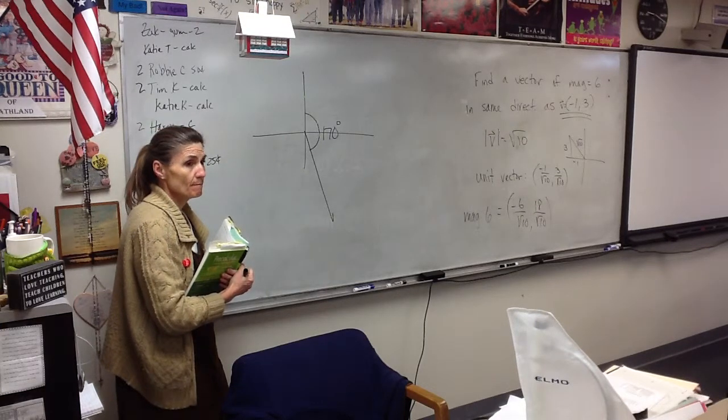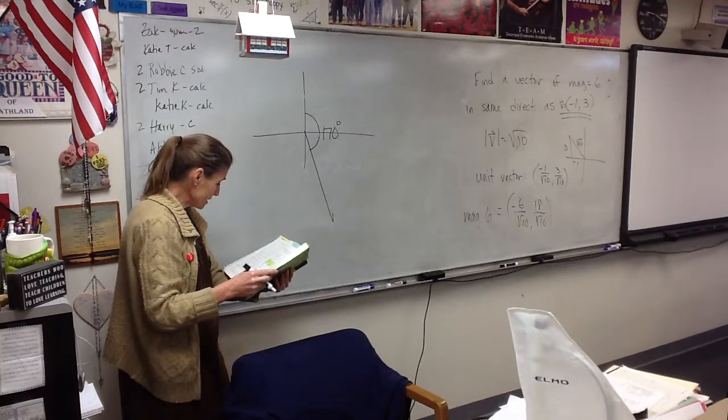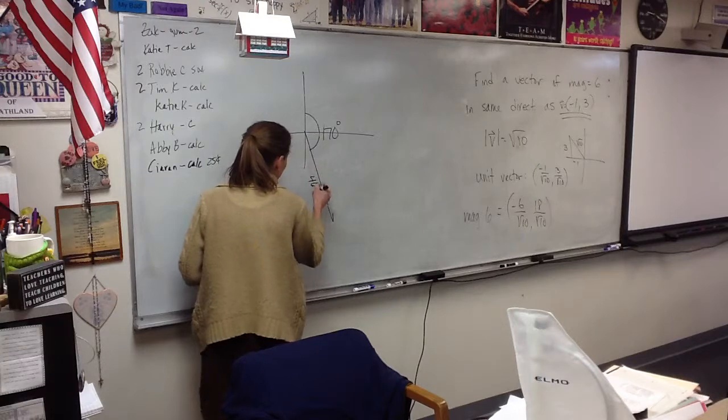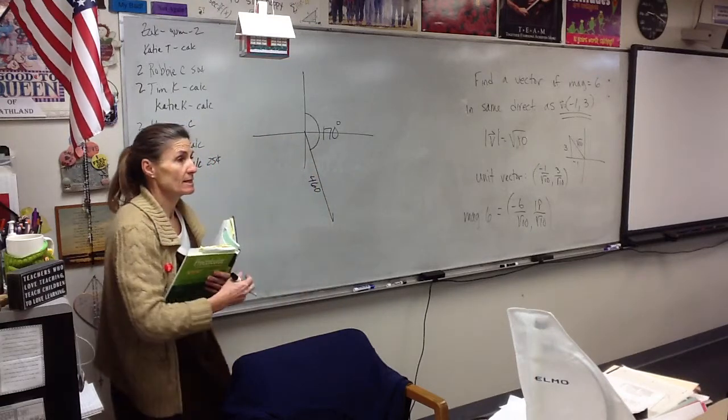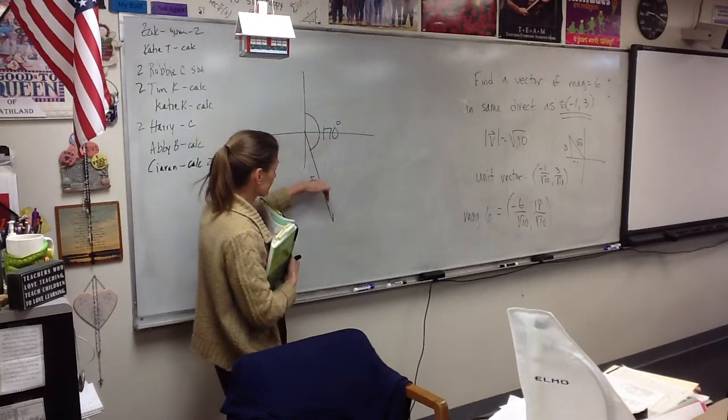You okay with that? And its velocity, it's 460 miles an hour. So I'm going to say the magnitude of that vector is 460. So here's its angle, and there's its magnitude.